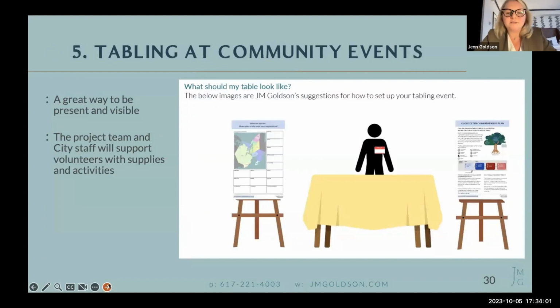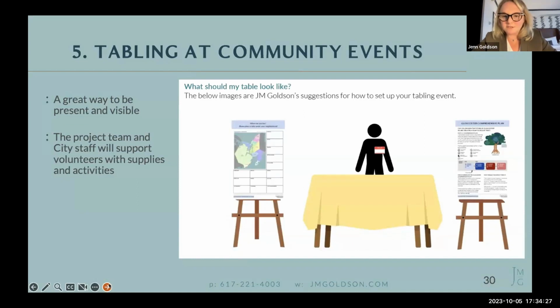All right, and then the next tool is tabling at community events. So our engagement specialist has gathered, and is in the process perhaps of refining, a list of events going on in the community during this phase 2 engagement. And we are going to be providing you with activities, materials, whatever you need to get out there in the community at these events.